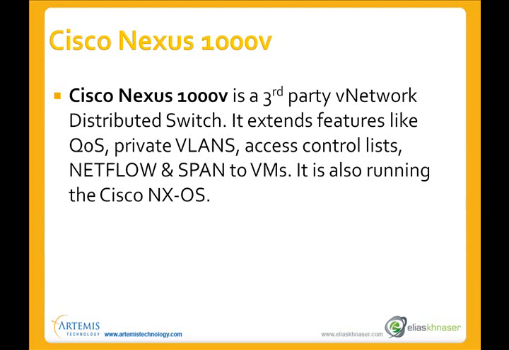So a lot of advantages for using the Cisco Nexus 1000V. If you're a Cisco shop, your network team is going to love having that in the environment. And this is just opening the door towards having more third-party vNetwork distributed switches plug in to the vSphere framework and take advantage and expand on the functionality that is available within the infrastructure.